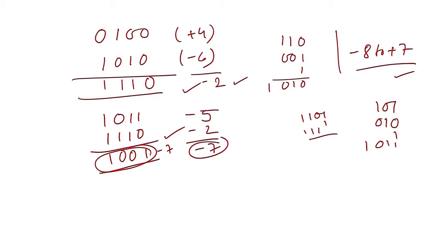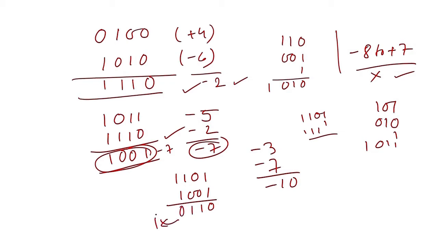Okay. Let us try with minus 3 and minus 7, whether it is working or not. Minus 3 minus 7 is minus 10, but it should not give the right result. So, what do you do? Minus 3 means 1 1 0 1, and minus 7 means 1 0 0 1. So, you add it, 1 1 0 1 and 1 0 0 1, cross the carry, but this cannot be a positive number, it is actually a negative number.